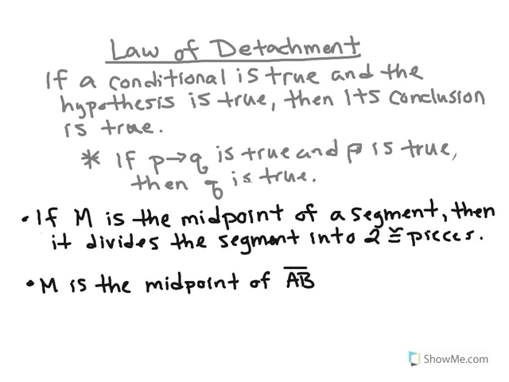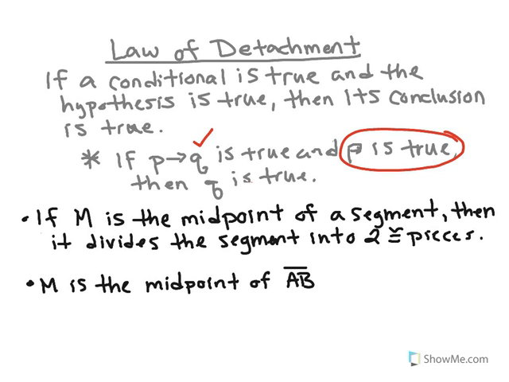Alright, so here's our second example. If M is the midpoint of a segment, then it divides the segment into two congruent pieces. The statement after that I want to try to draw a conclusion from is that M is the midpoint of segment AB. First of all, let's determine what's true. My conditional statement is a true statement, so this part is good. Now, in the second statement, I want to determine this part again. Is P true? Do I have information that connects this bottom statement to the hypothesis?